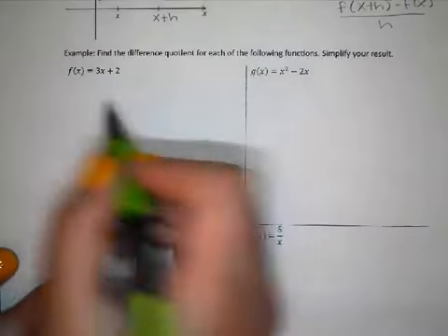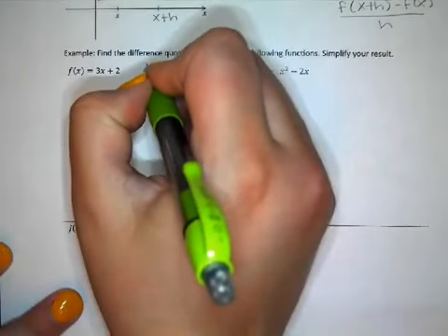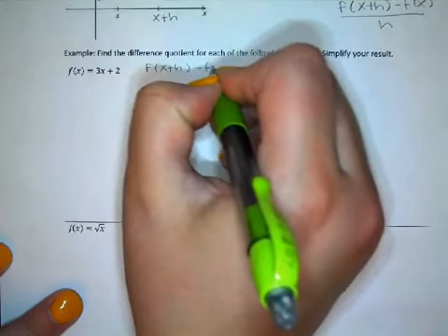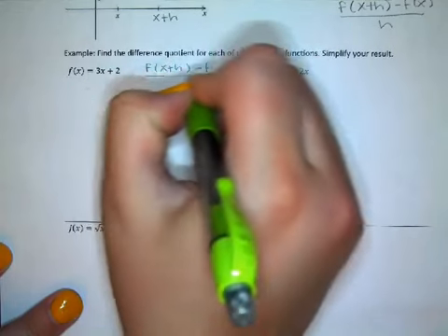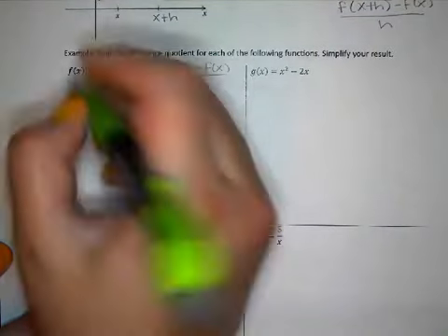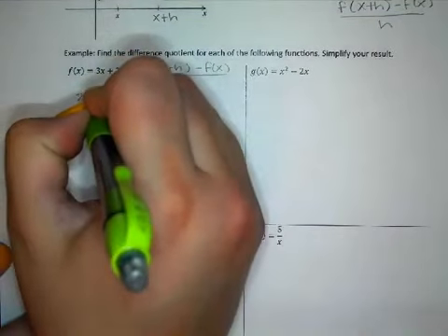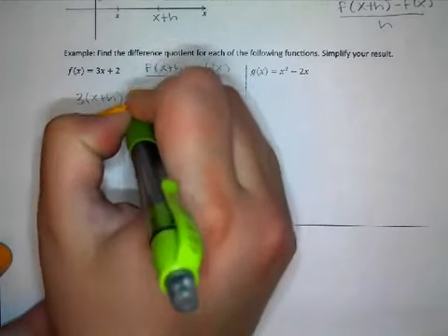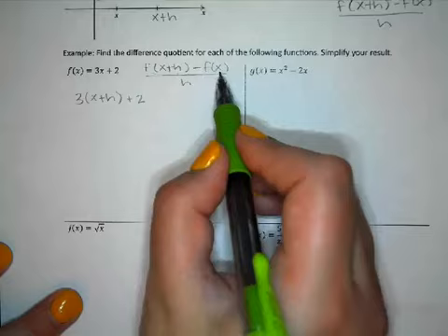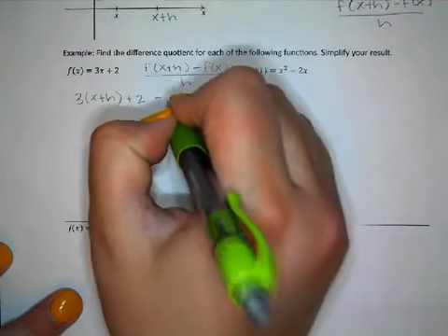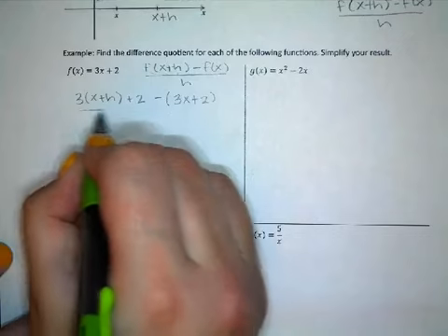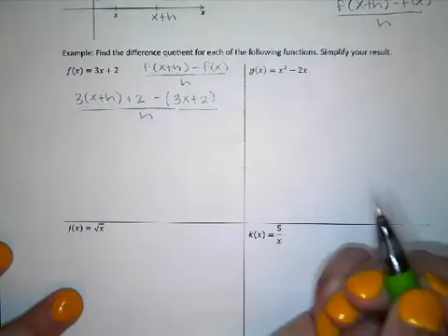We're going to find, for the first one, f of x plus h minus f of x over h. So f of x plus h would be 3 times x plus h plus 2. So there's the f of x plus h, minus the function itself, and then divide this by h. And we're going to simplify.